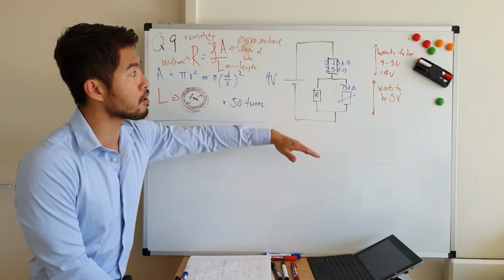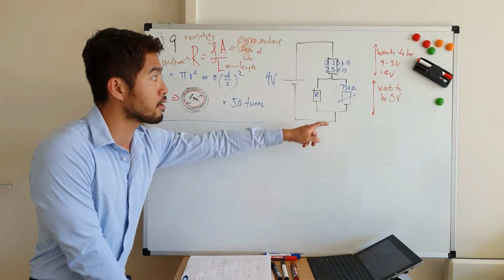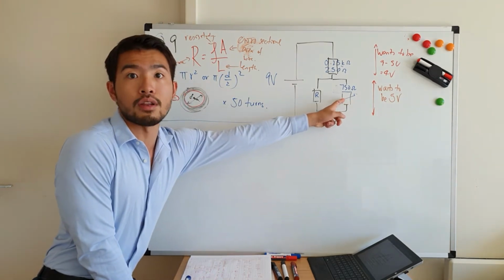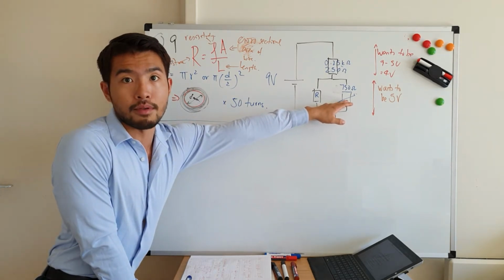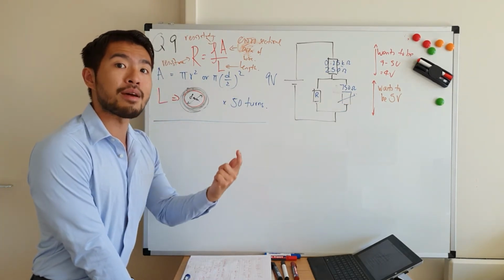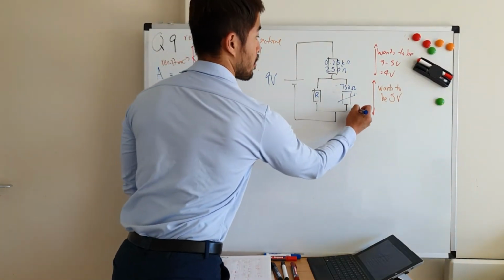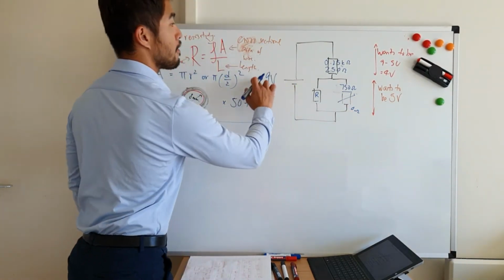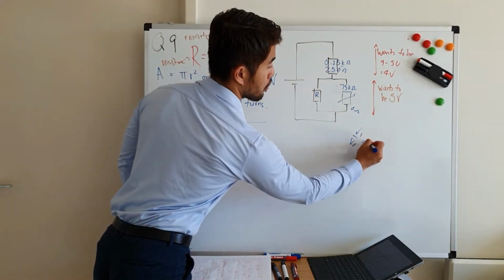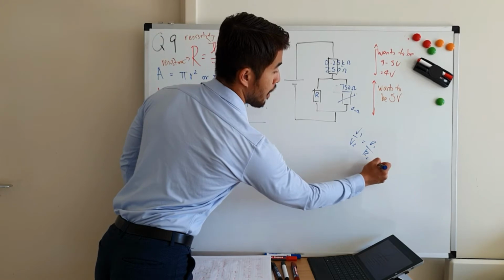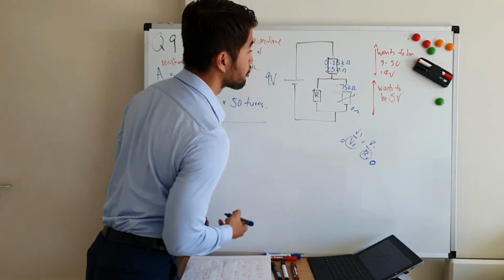Yes, because if you are heating it to maximum heat, this is going to turn into 0 ohms, because it's a thermistor. Thermistor, high temperature, lower ohms. So if this is 0 ohms, then all 9 volts will go to here. Why? Because V1 over V2 equals R1 over R2. If R2 is 0, V2 is 0 as well.